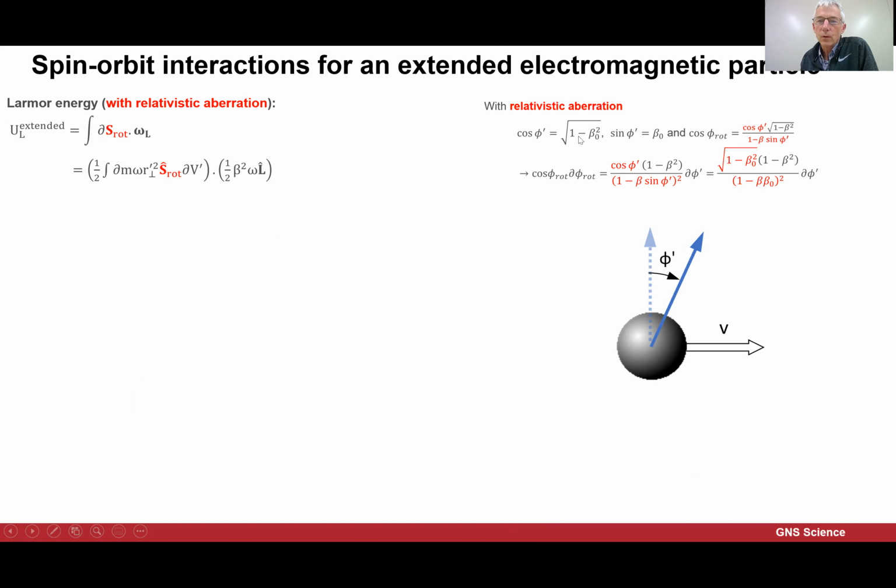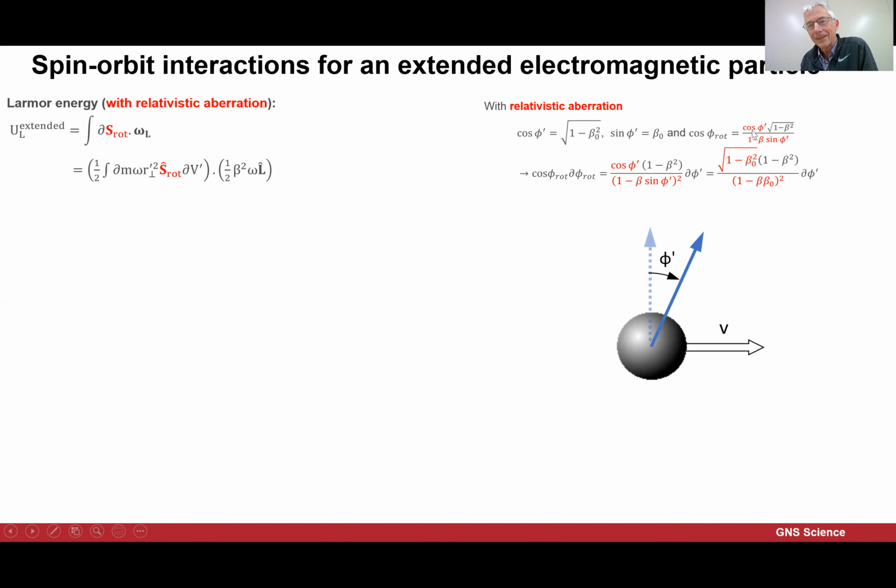What we're doing is the electron is moving with a certain velocity. It should be v naught here, so that we end up with the relativistic transformation of an angle given by this equation.